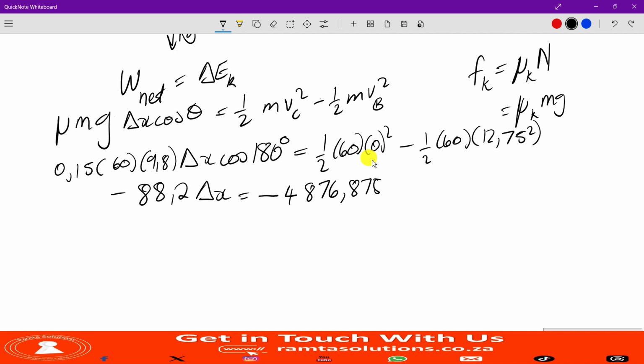Now this divided by 88.2, what is our delta x? Our delta x is 55.29 meters. Okay, it is 55.29 meters.